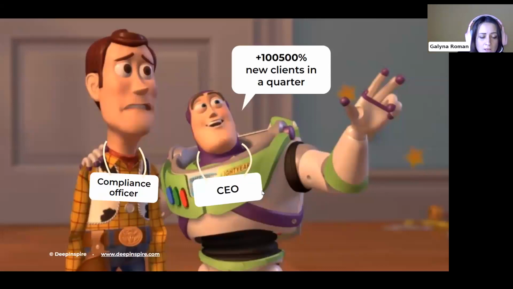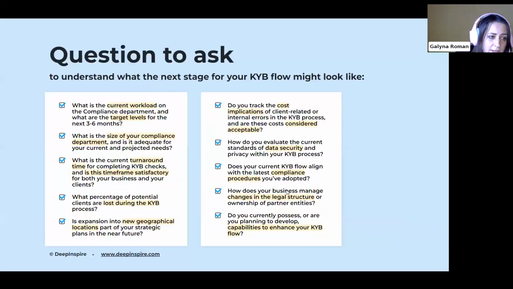Factually, this is a list of questions that I usually start asking clients when we are consulting them about KYB and onboarding flows, to understand what the future stage is and what can be enhanced in the current stage. At the end of this presentation, there will be a QR code, so you can scan it and download these questions, to quickly access them whenever you need.